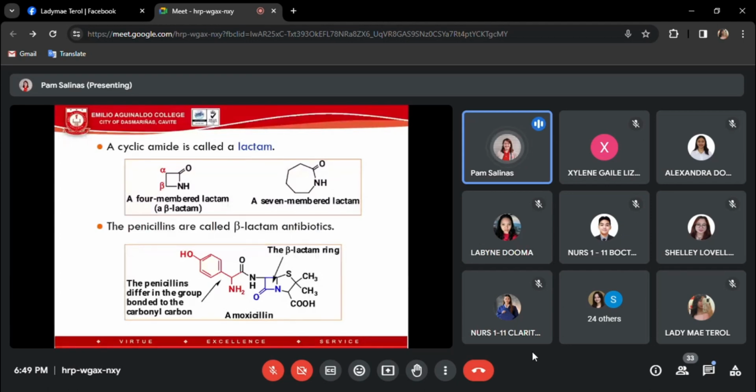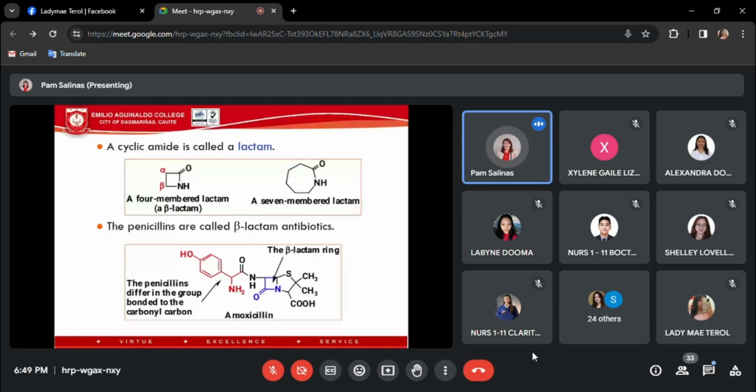You call that one cyclic ester. Cyclic ester. I would like you to message that on our chat box. Okay, very good. So we have the lactone, cyclic ester. Basta you see a closed chain with ester, that means it's a lactone.